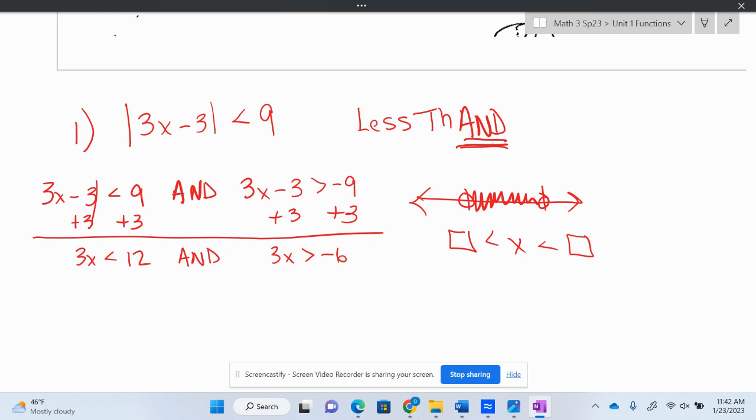So now I'm going to divide both of these inequalities by 3 on both sides. Divide by 3, divide by 3. So x is less than 4 and x is greater than negative 2.